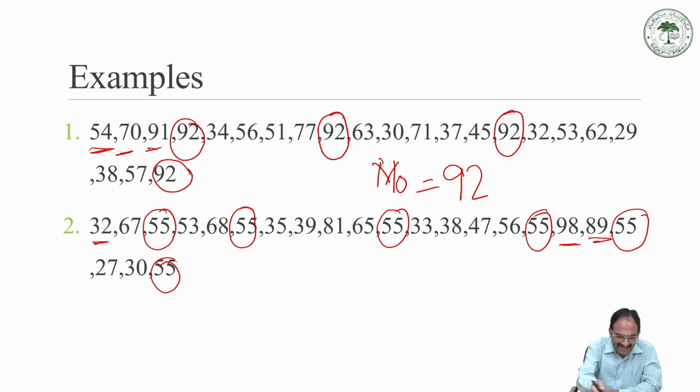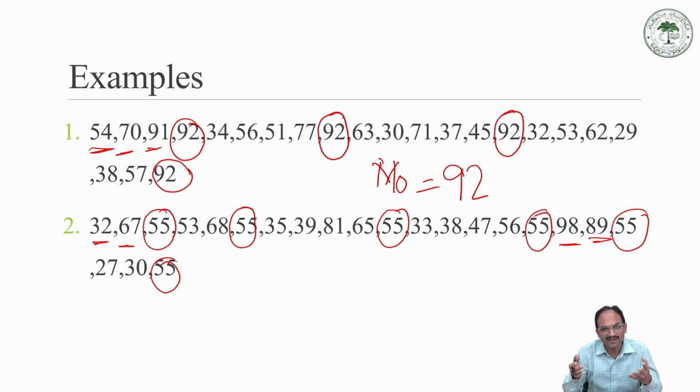If you keep on checking the other numbers, for example, let me take 67. 67 is again appearing only once in the data set. So you can say that 55 is the only number which is repeating itself 6 times. It has the highest frequency.